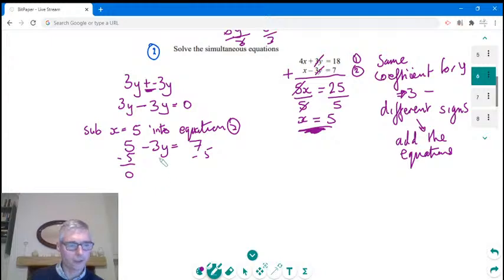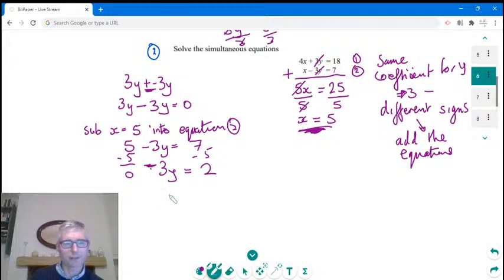Then we have minus 3y equals 2. So we're nearly there. From that, we've got minus 3y equals 2.